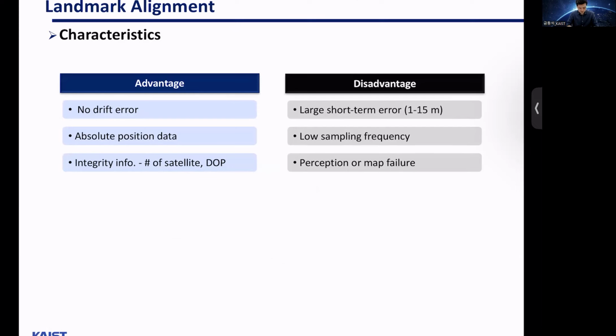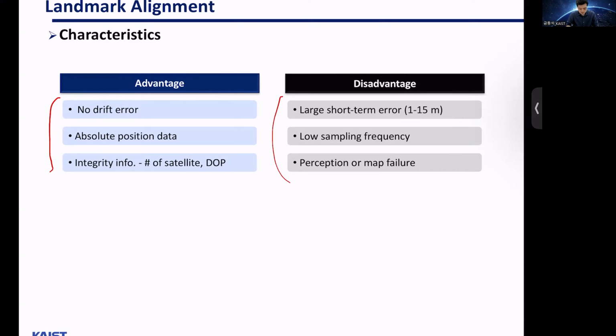So here are the characteristics of landmark alignment. Advantages are there's no drift error and it provides absolute position data. And then there's integrated information, the number of satellites, and extra information that is provided. But there are disadvantages. There's large short-term error.